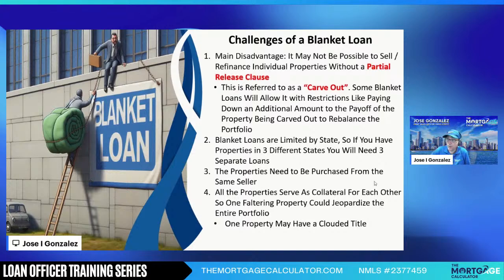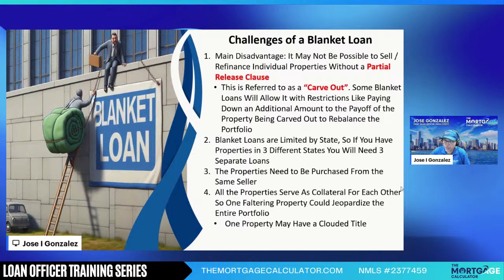Now, number 3, equally as important, one to definitely let your borrower know if they do decide, yeah, Jose, that's a great idea, I want to buy some properties with a blanket loan. They have to be aware that the properties need to be purchased from the same seller, right?